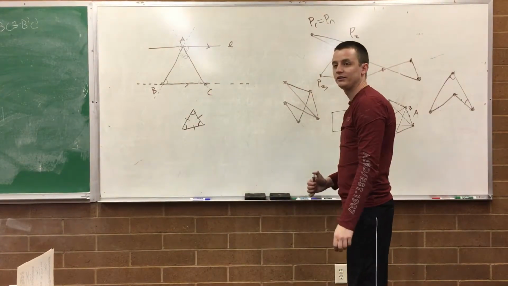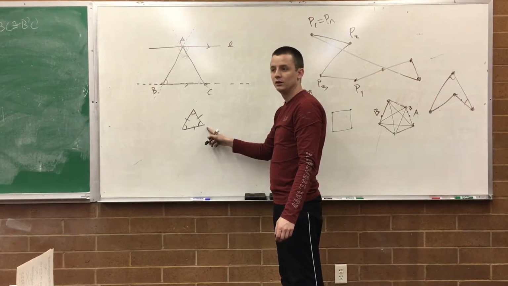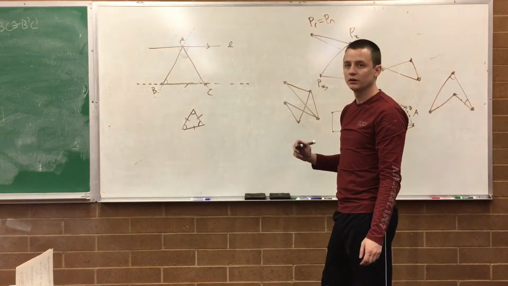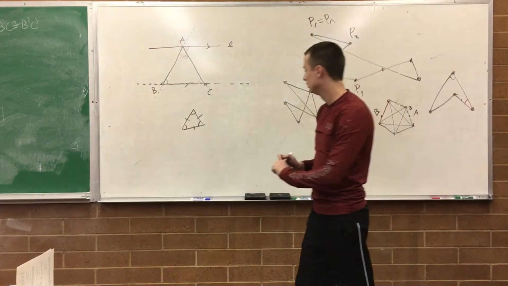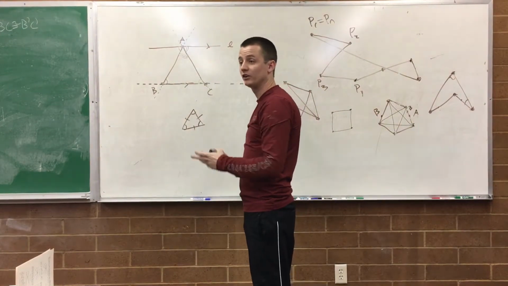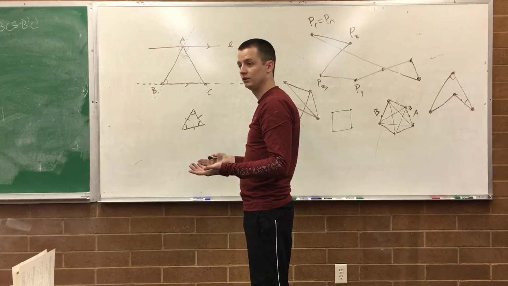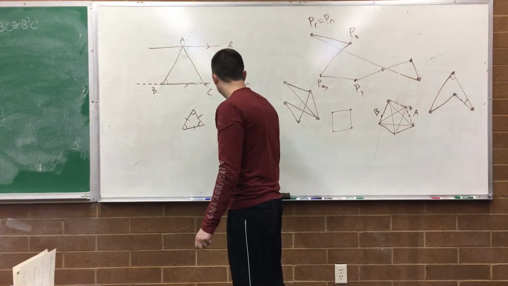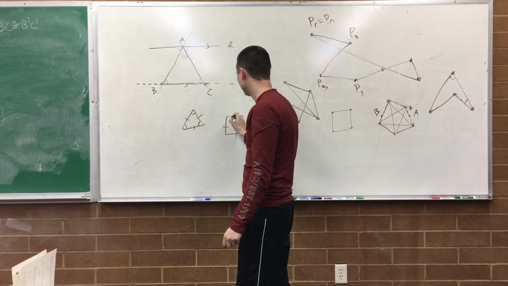Is that going to be the case with a four-sided polygon? If I have an equilateral four-sided polygon, is it also equiangular? Four sides that are the same is a square, right? And is a square equiangular? If I have four sides all the same length, then all the angles are the same, right?